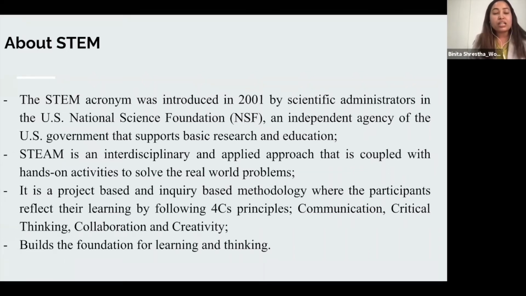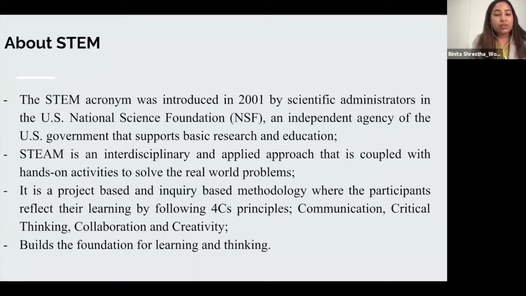STEM stands for science, technology, engineering, arts, and mathematics. Arts is one of the new disciplines added to it, which I forgot to mention here. It was introduced in 2001 by scientific administrators in the US, and it's an interdisciplinary approach to learning and educating with hands-on activities to solve real problems.